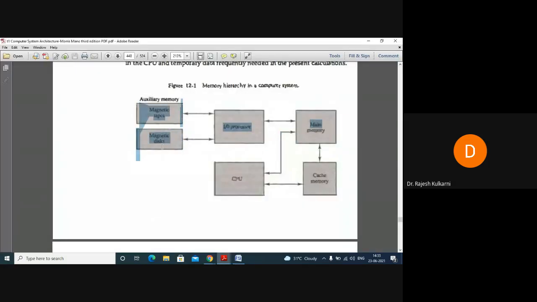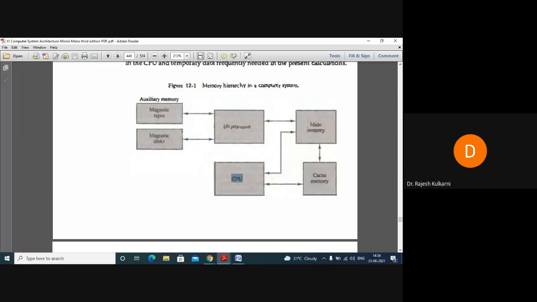In the hard disk, your program is stored. From that hard disk, if you want to execute it, the program will be brought into the main memory, or the RAM. Now from there, that entire program cannot go to the CPU, because CPU memory is registers, which can take only limited data.